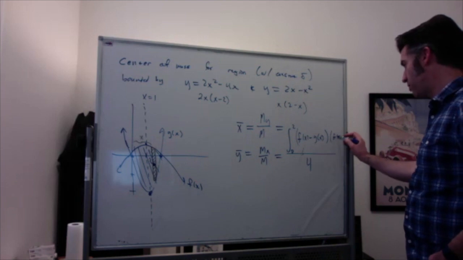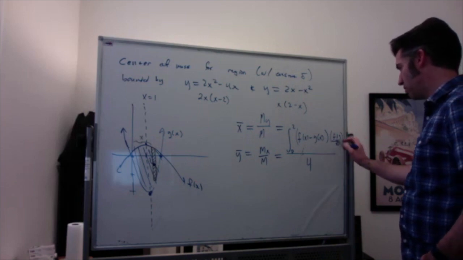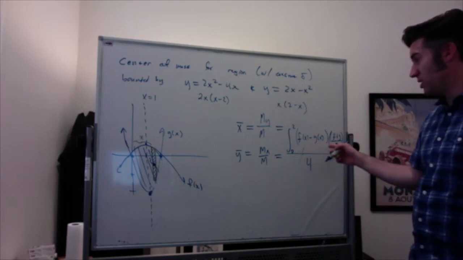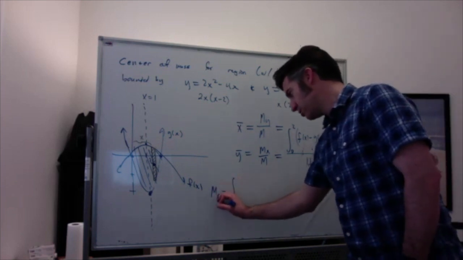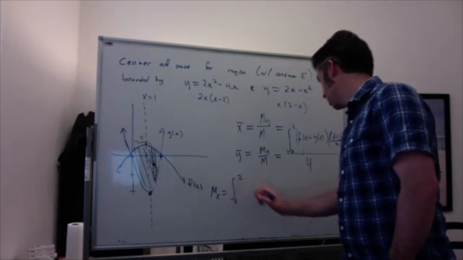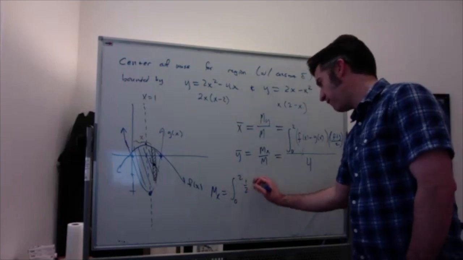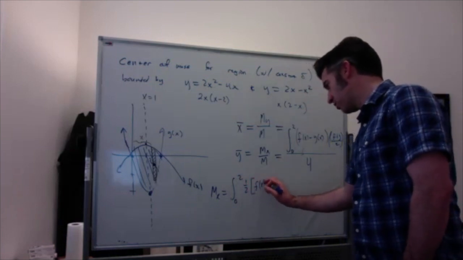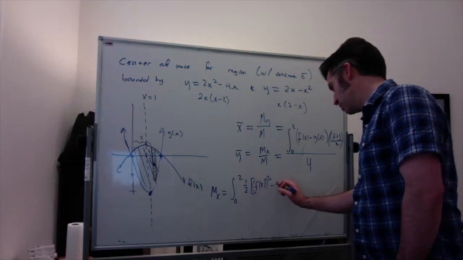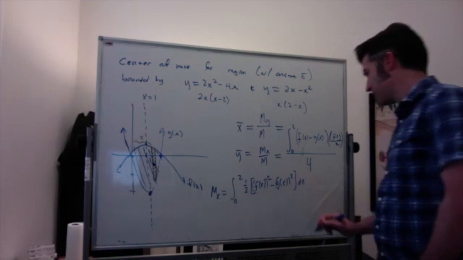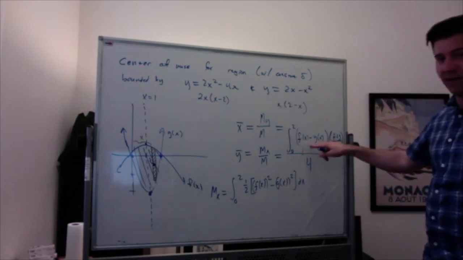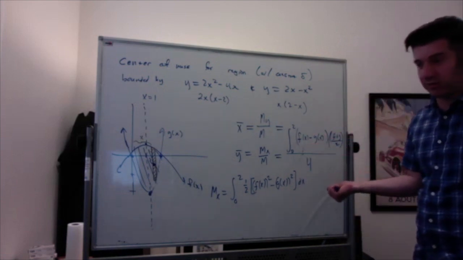So it's f plus g divided by 2. And we usually end up writing this as the integral of 1/2 f of x squared minus g of x squared. Right, because when you do f minus g times f plus g, you get f squared minus g squared.